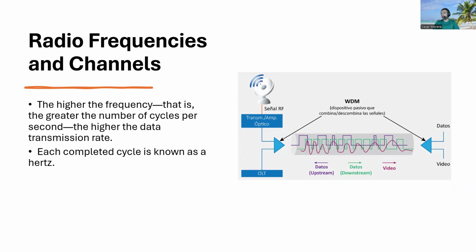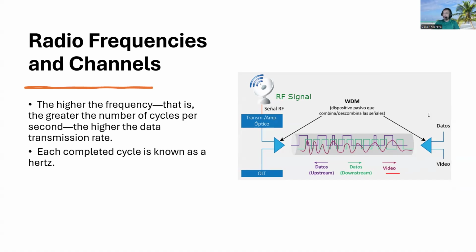Radio frequencies. So for radio frequencies, we have upstream and downstream data. We have also video. We have the RF signal over here. What else do we have? We have the WDM.